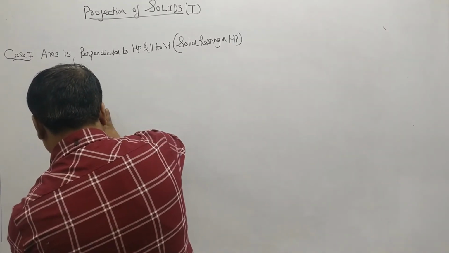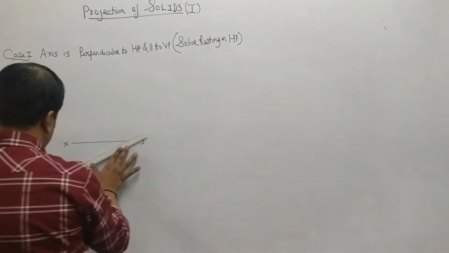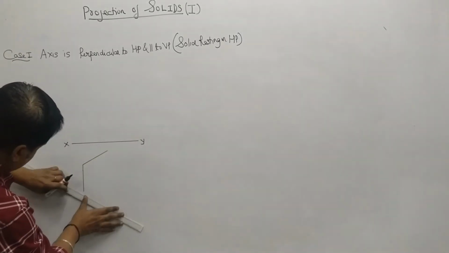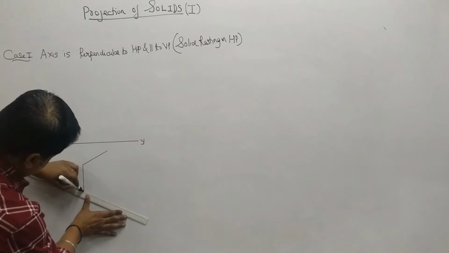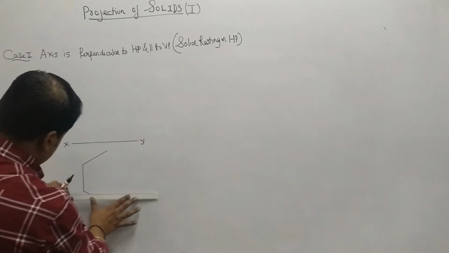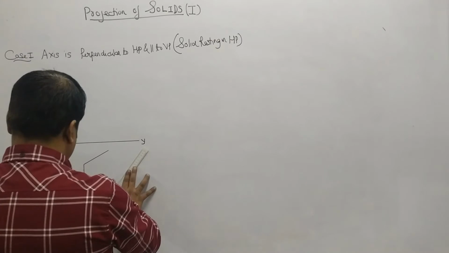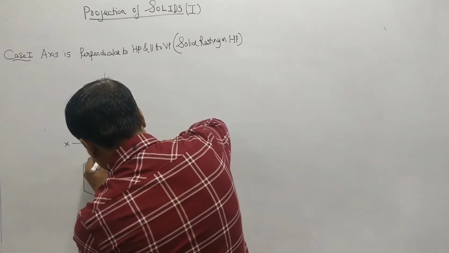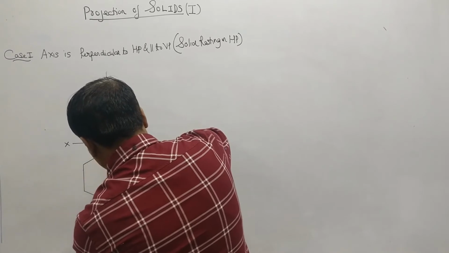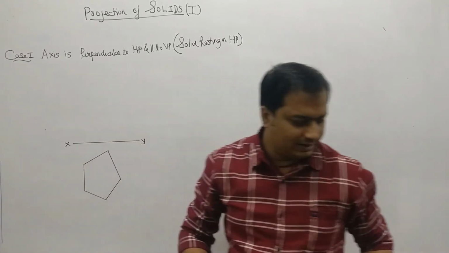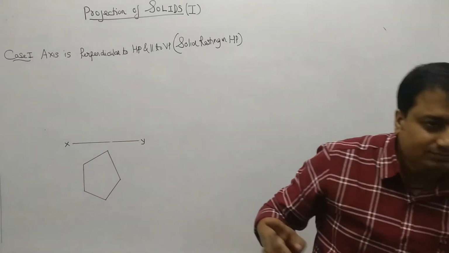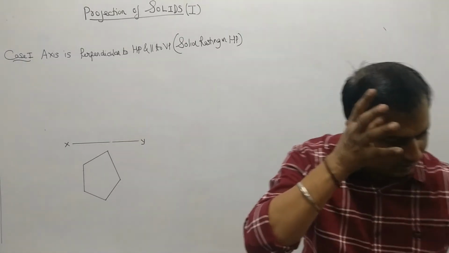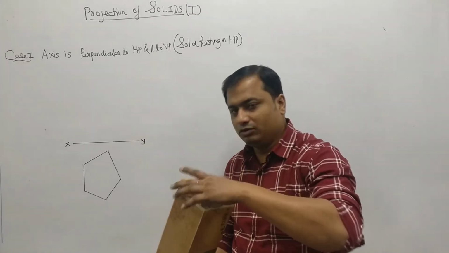So again I will be drawing by means of a scale only. So the top view will be a pentagon and the front view will be a rectangle.